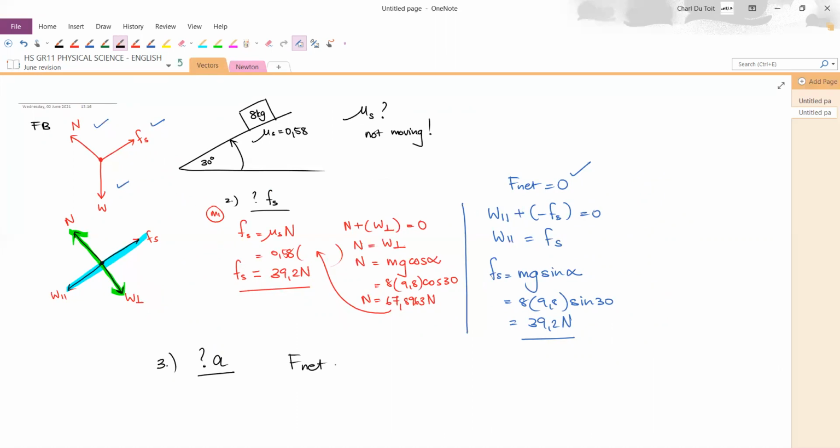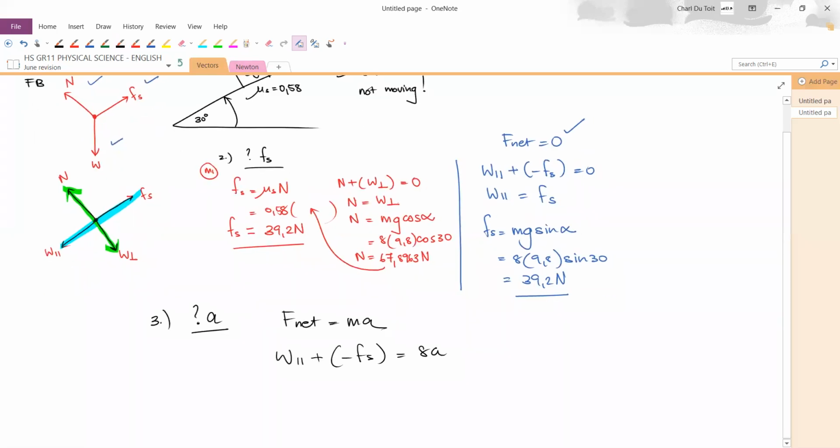Now we look at the blue part of our free body diagram. The weight parallel is positive, and I'm adding a negative static friction, and that is 8a.